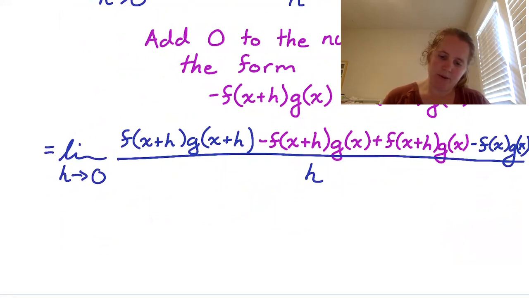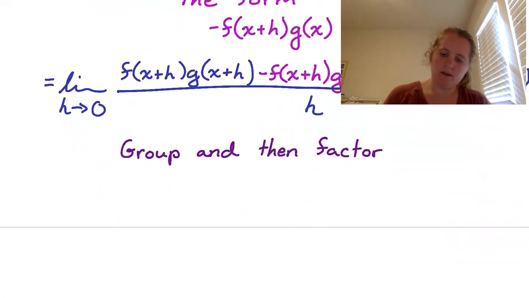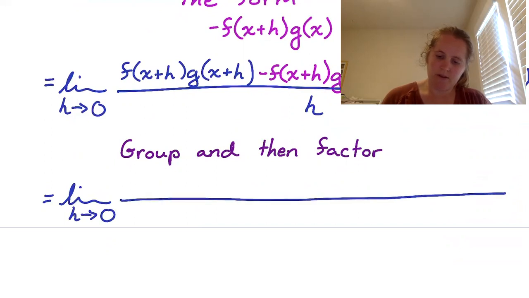So if we group and factor, we have that this is equal to the limit as h goes to 0 of, let's go ahead and group those first two terms. And then we'll group the last two terms.